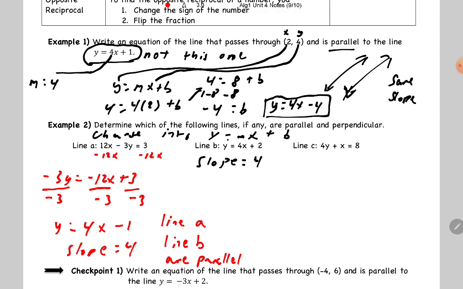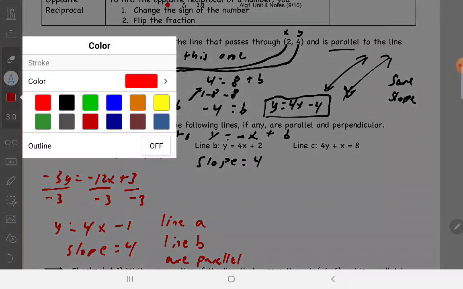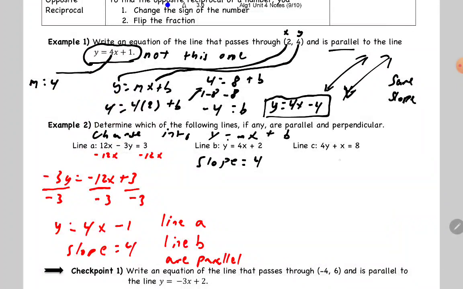Let's look at line C in a different color. 4y plus x equals 8. So I'm going to move x over. 4y equals negative x plus 8.